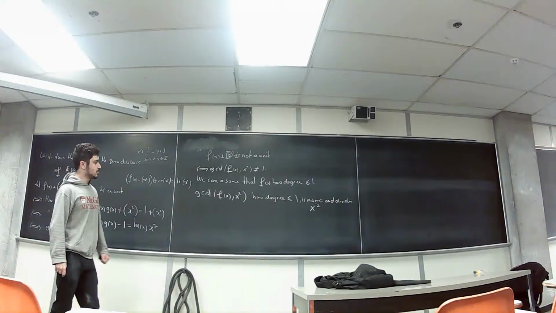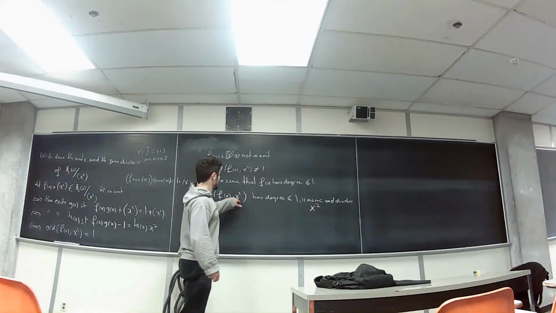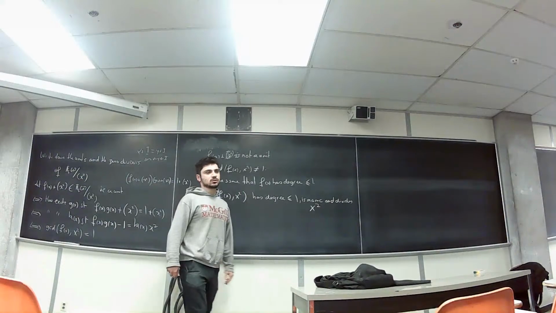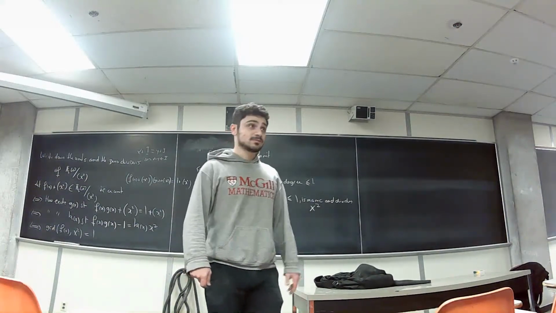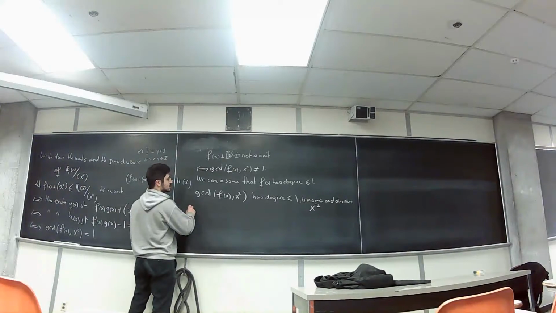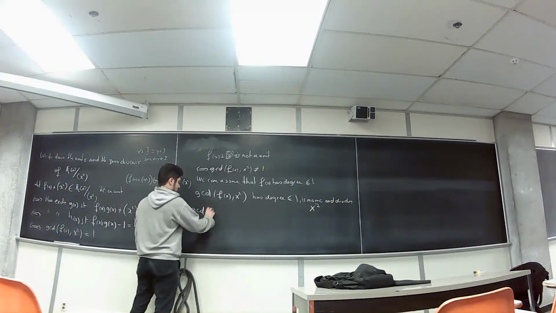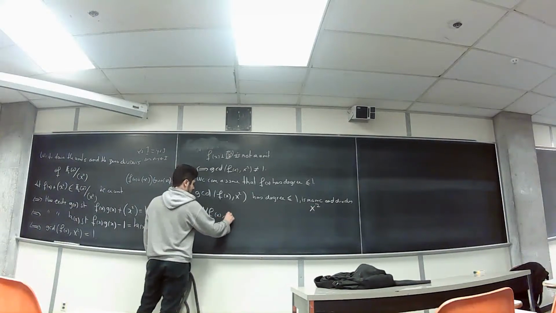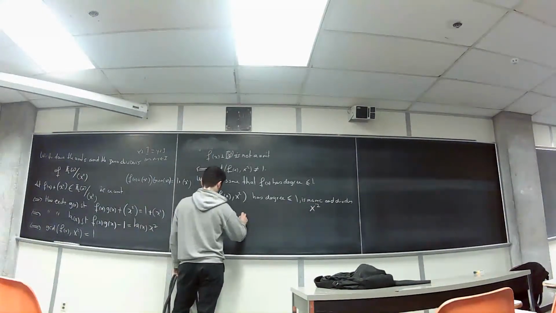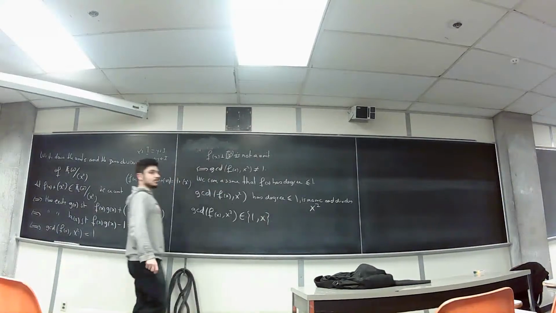If you have f of x of degree at most 1, the GCD of f of x and x squared is monic and divides x squared. What is it? x, right? Hence it is 1 or x.